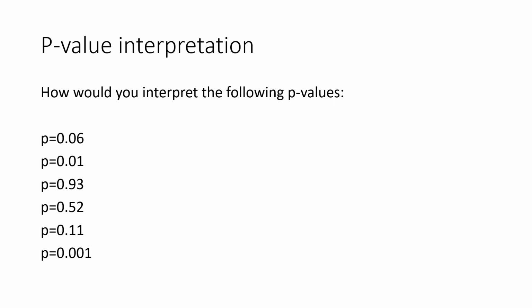The first one gives you a p of 0.06. Now this value is above the cutoff of 0.05, and therefore we would conclude that there is no relationship between x and y, or between our variables in this sample, right?